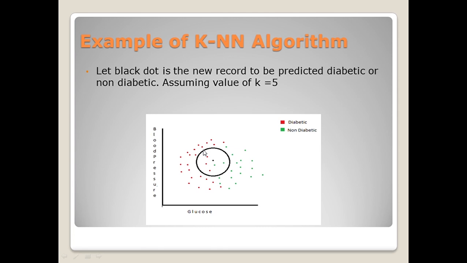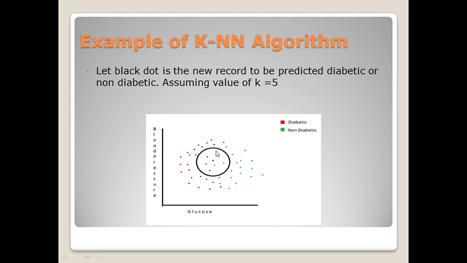Now we want to perform prediction for a new person, which is defined as a black dot. Assuming the value of k in the k-nearest neighbor algorithm as 5, let us see that a circle is drawn around the new record. In this circle, we will see that out of 5 nearest neighbors, 3 neighbors are diabetic and 2 are non-diabetic.